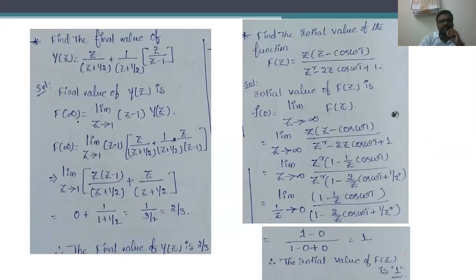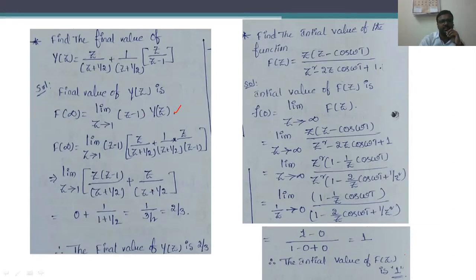From the definition of the final value theorem, y of z has to be multiplied with z minus 1, and we have to apply the limit z tends to 1. Substituting that, we get z into z minus 1 divided by z plus 1 by 2 plus z divided by z plus 1.